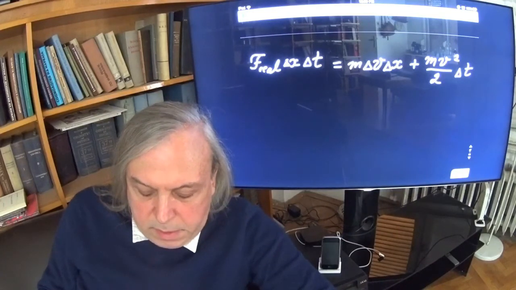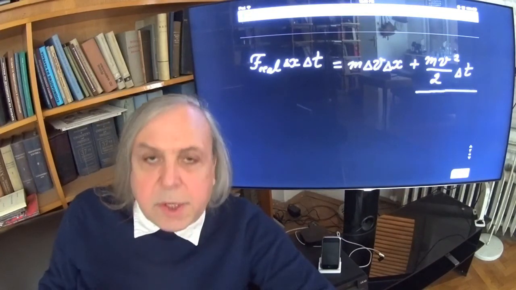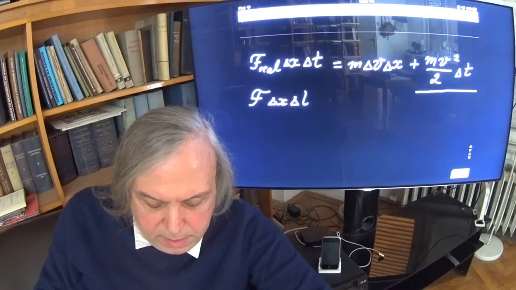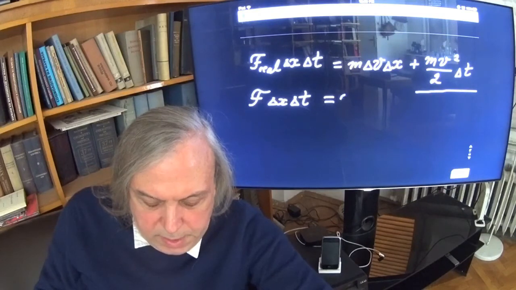For instance, the second term may be ignored. Then we get F delta x delta t equals m delta v delta x.